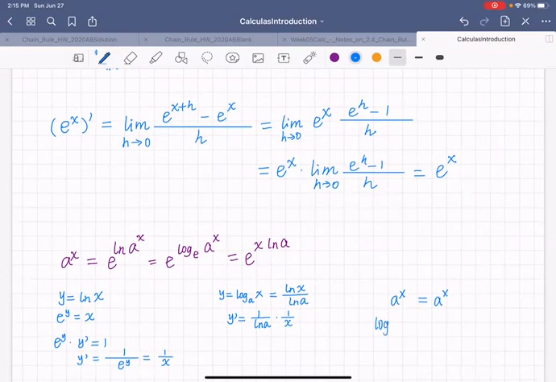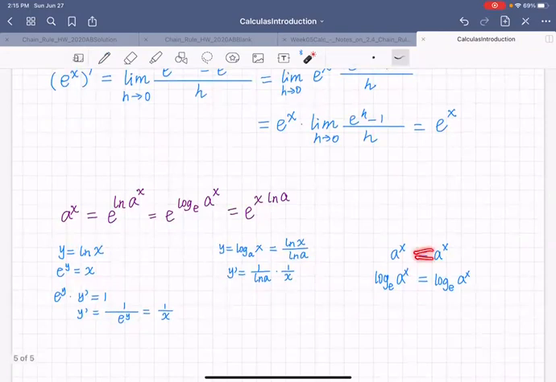And you can say log base e of a to the power x equals log base e of a to the power x. These are identical. You choose the same log. This is also identical. And then look here.